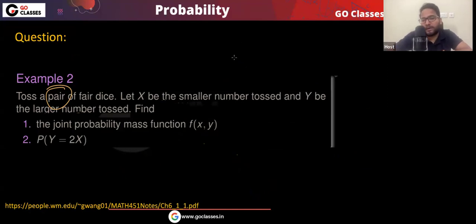No, if you are getting one and one, then what is the value of x and what is the value of y? If your experiment outcome is one and one, then what is the value of x and what is the value of y? So here, in those cases, x and y both will be equal. Okay. If your outcome is equal, then in that case, the x and y both will be equal.